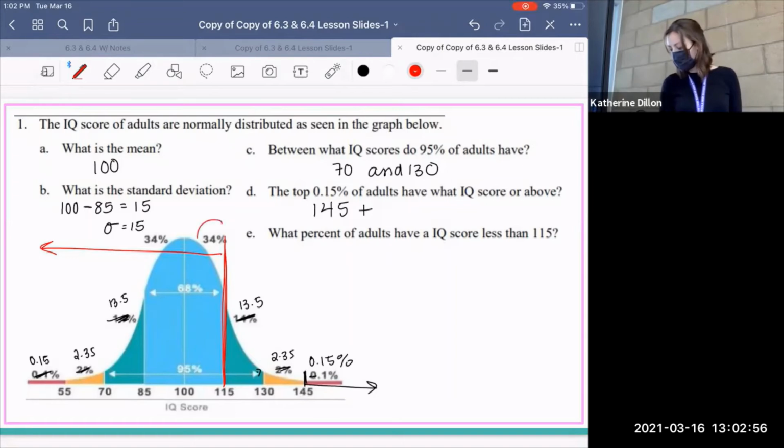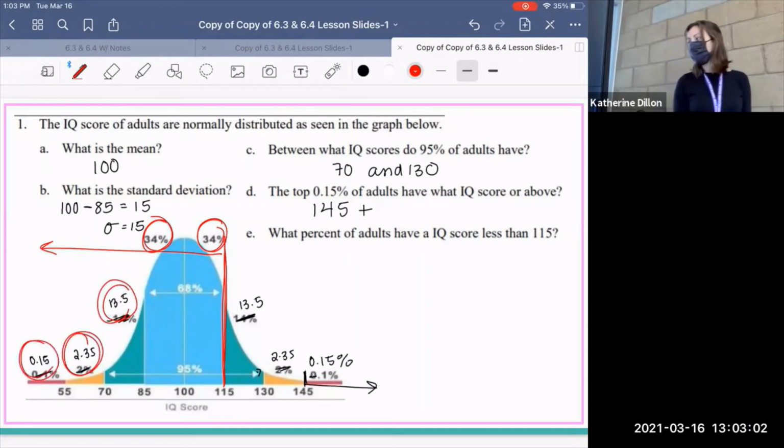But what we're doing is we're adding all these areas or these percentages that are below the score that we're looking at. So 115 or below, 34 plus 34 plus 13.5 plus 2.35 plus 0.15.